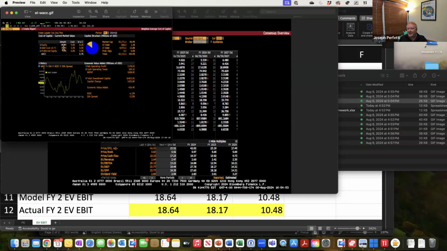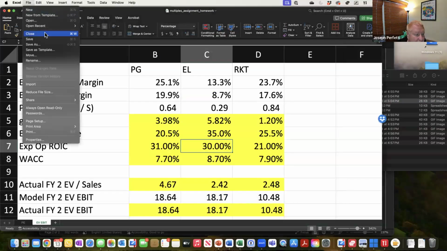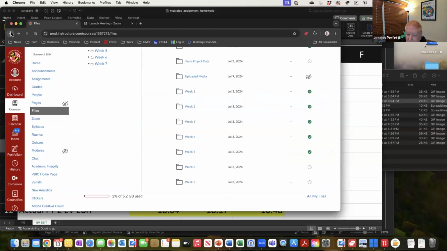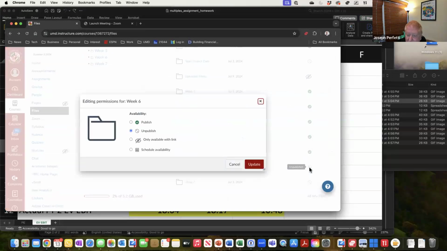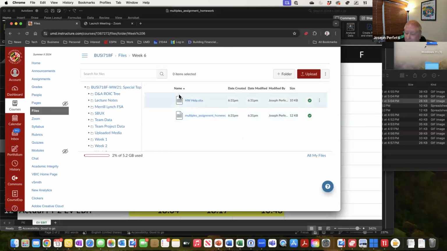Which leads to the other file that I uploaded, also in the solution folder for week 6, which is here. I'll make sure I made it available to you. I put it in a second file called homework help.